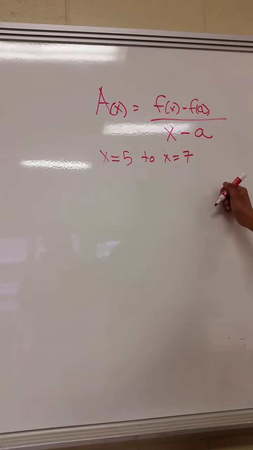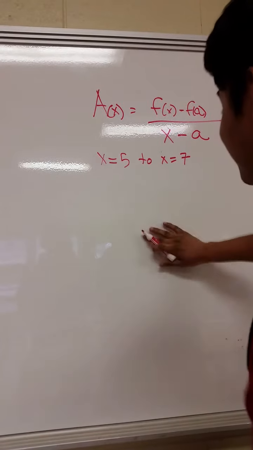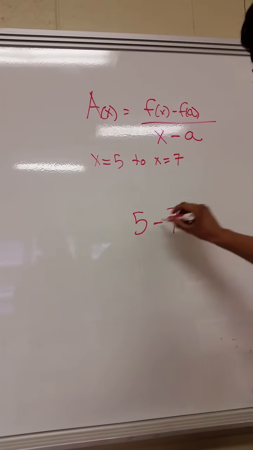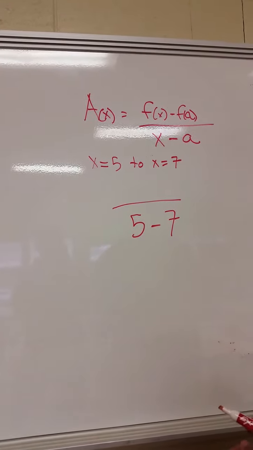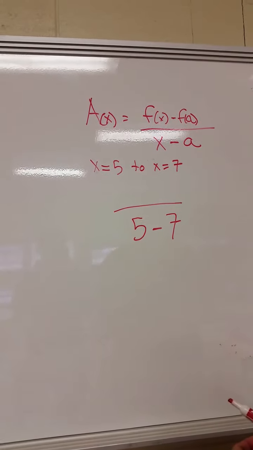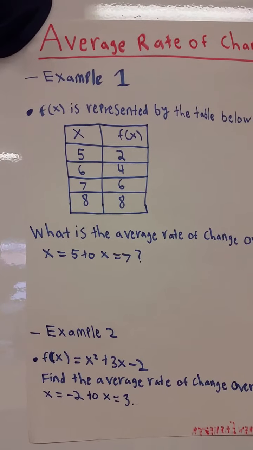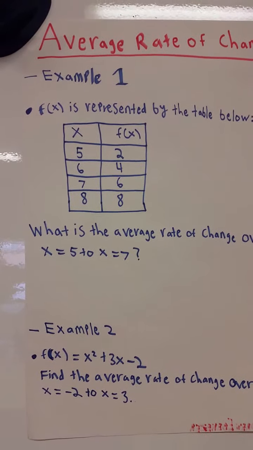First, we plug in the x values, 5 and 7. Then we go back to the chart to see our y values. On the graph, we see that f(5) equals 2, and f(7) equals 6.